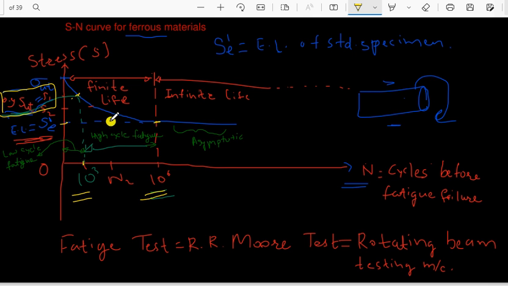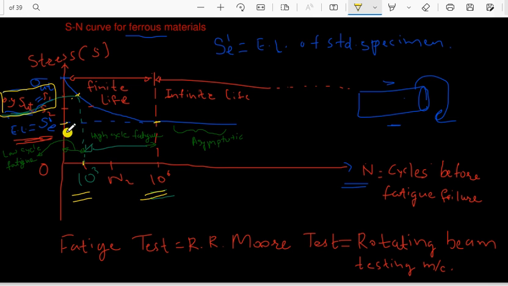And after this stress value you will find there is an asymptotic, straight line. The behavior of this curve is a straight line, asymptotic. So you can consider it will give you an infinite life before fatigue failure, right?